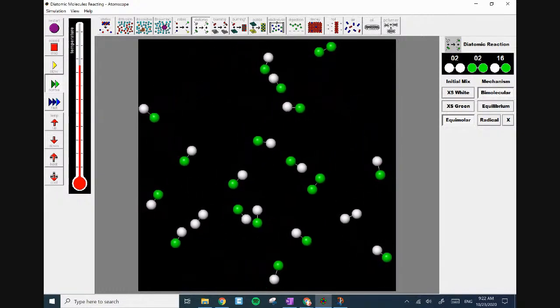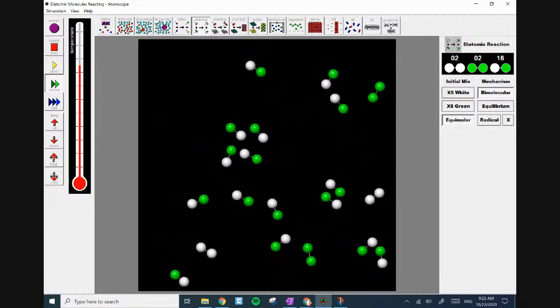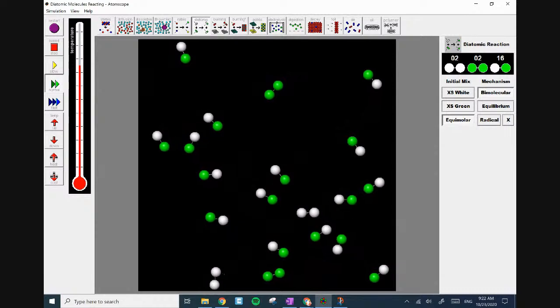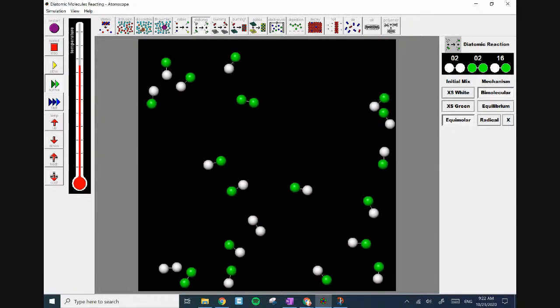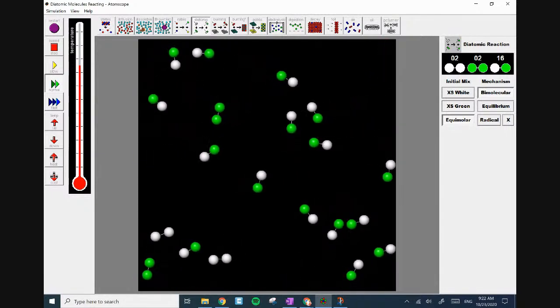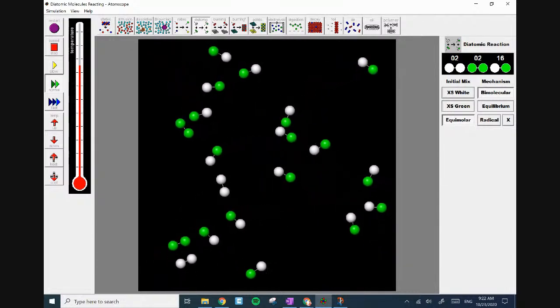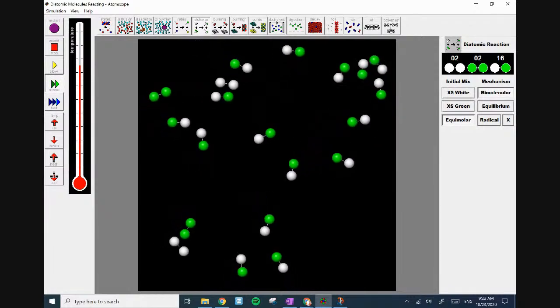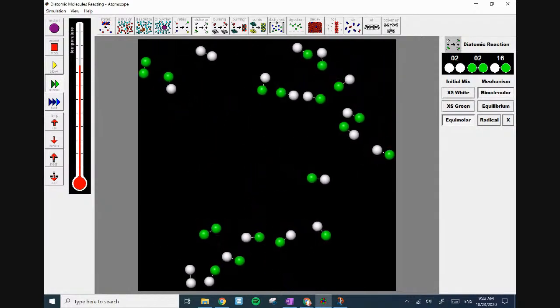Done. 2 to go. Concentration of whites has dropped significantly, so the rate's slowing down. Come on.